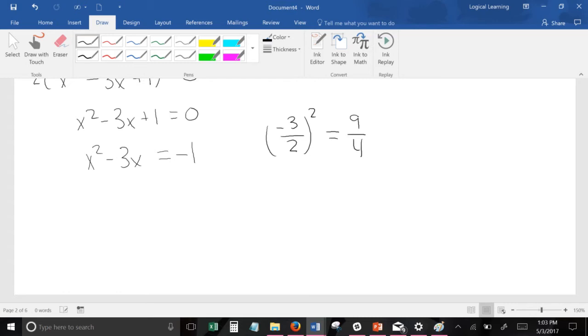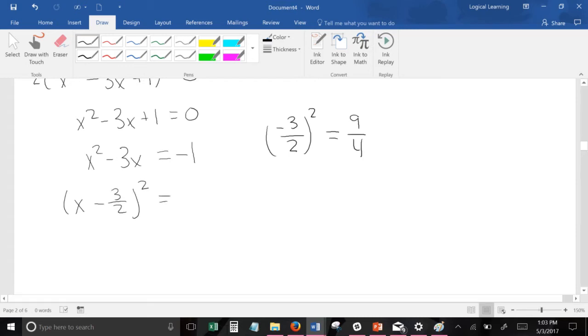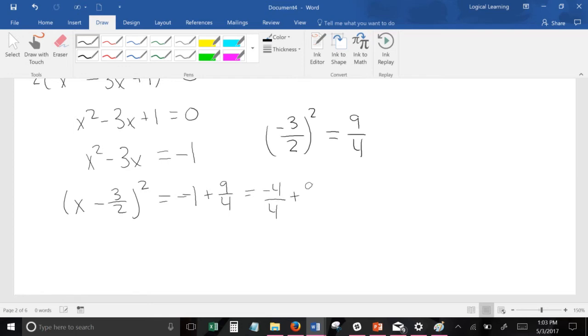Now this is fractions, so it's not the prettiest, but we're going to get x minus 3/2 squared equal to negative 1 plus 9/4. So negative 1 plus 9/4 is the same as negative 4/4 plus 9/4, which is going to give us 5/4.